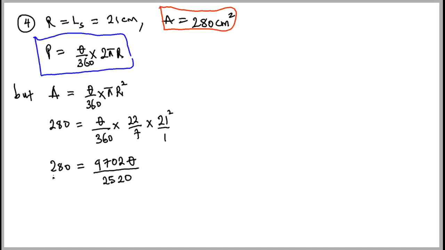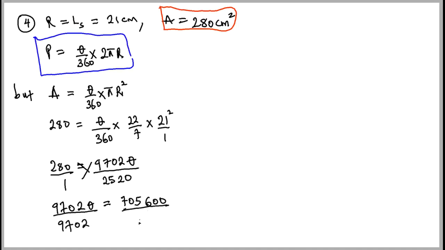So what can we do here? Let's put this over 1, cross and multiply. 9702 theta times 1 is still 9702 theta. 2520 times 280 is 705600.